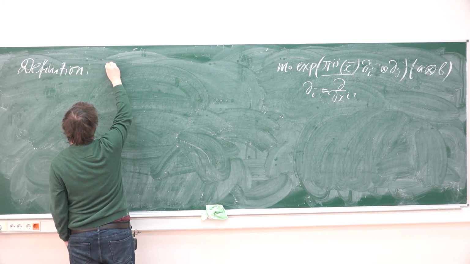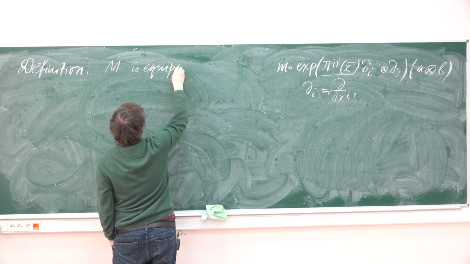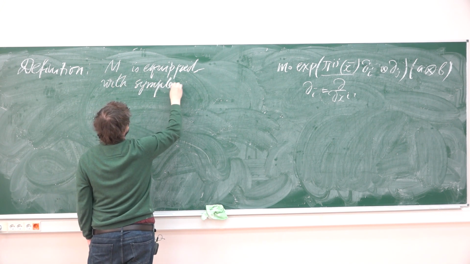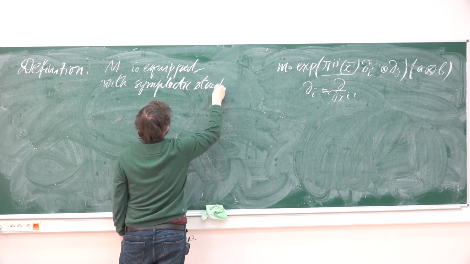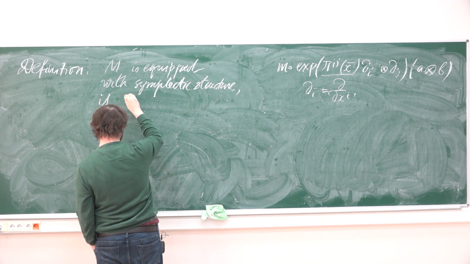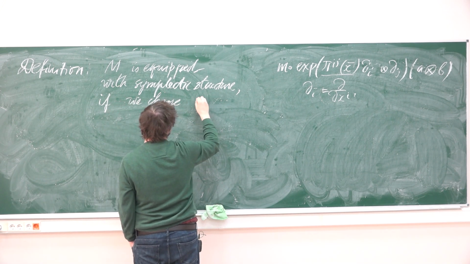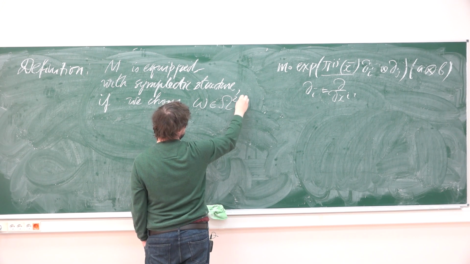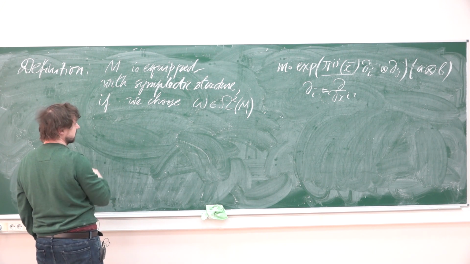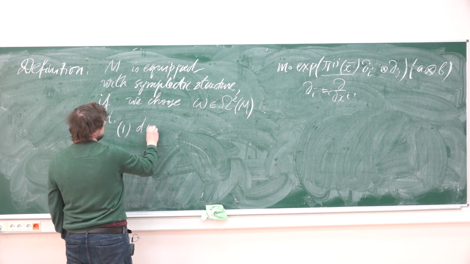A manifold M is equipped with a symplectic structure if we choose a differential two-form omega, where the space of differential two-forms on M is denoted by capital omega sub 2, such that, first of all, d omega is equal to 0.